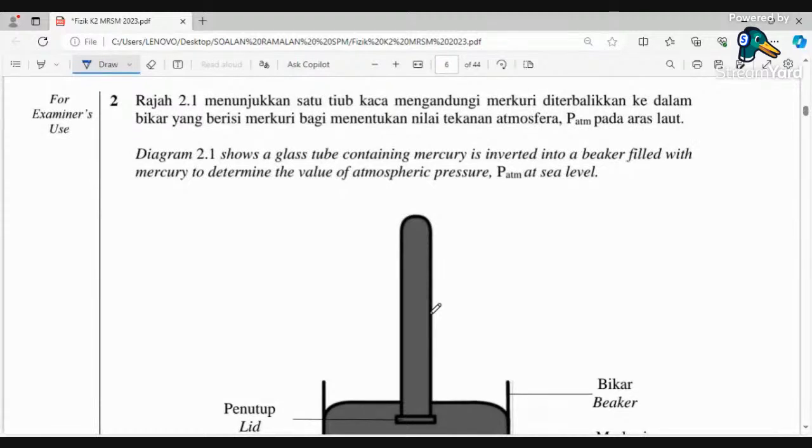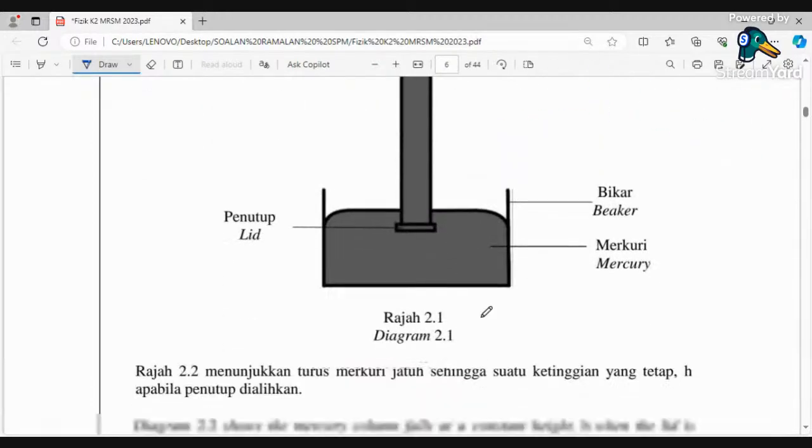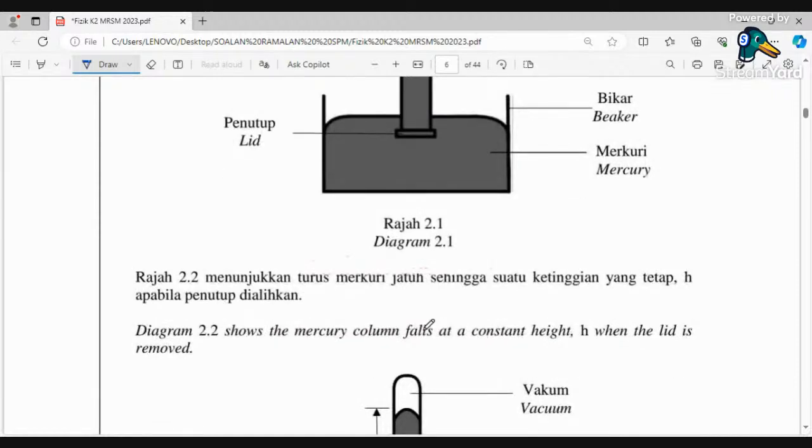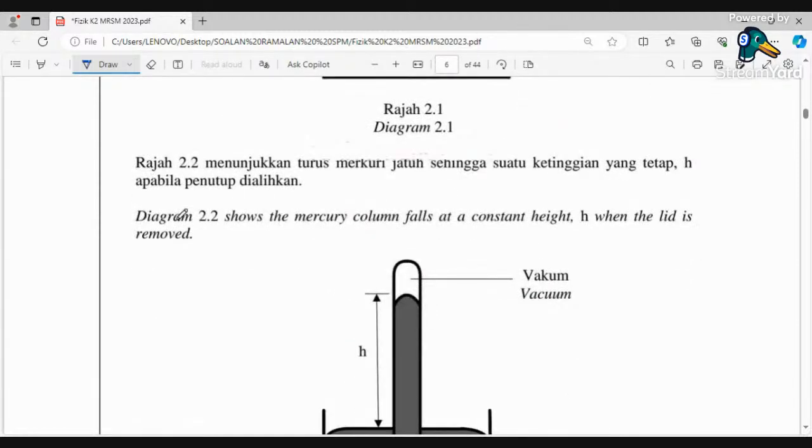Question number 2. Diagram 2.1 shows a glass tube containing mercury inverted in a beaker filled with mercury to determine the value of atmospheric pressure. So what do we call this one? Mercury barometer. Diagram 2.2 shows the mercury column falls to a height h when the lid is removed.